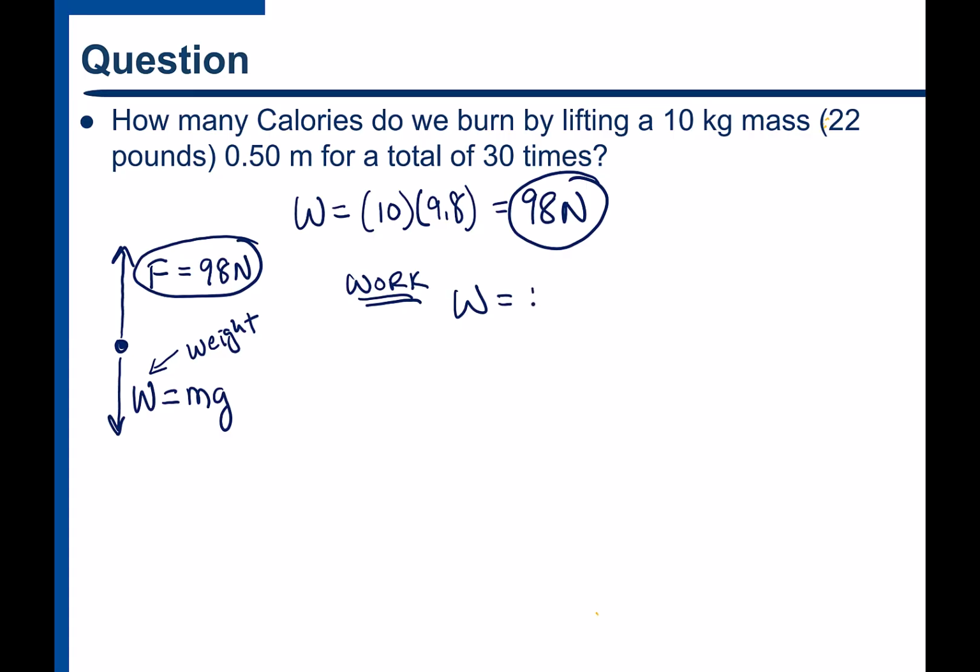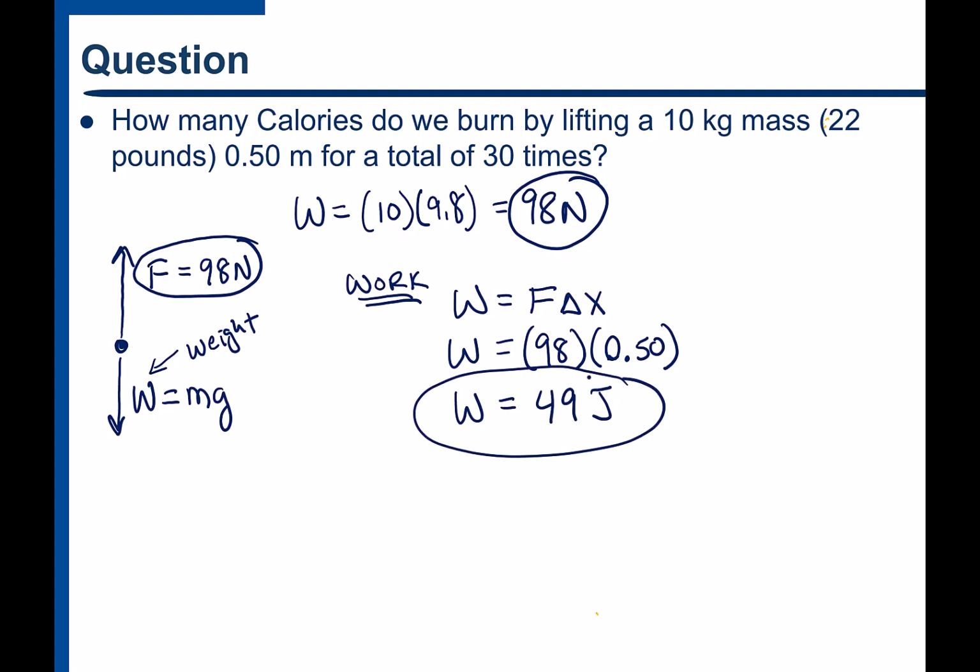So we know that work is F delta x, and in this case the force is 98 newtons, and we're going to raise that half a meter. And what we get is work of 49 joules. Remember that it's joules because work is energy.